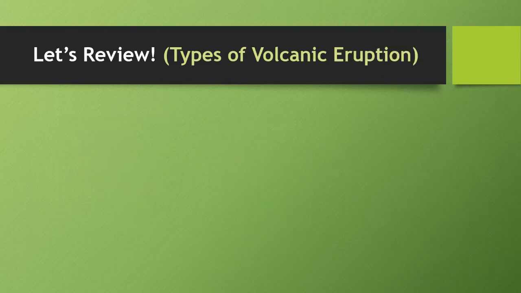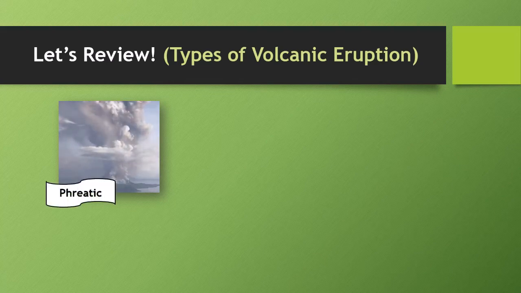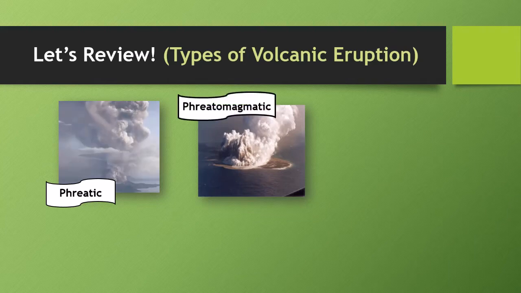Now, let us have our review on the types of volcanic eruption. Can you guess what type of eruption is this? Very good. This is a phreatic eruption or hydrothermal eruption. How about this one? Exactly. This is a phreatomagmatic eruption.